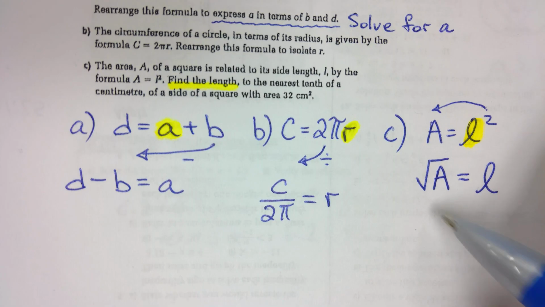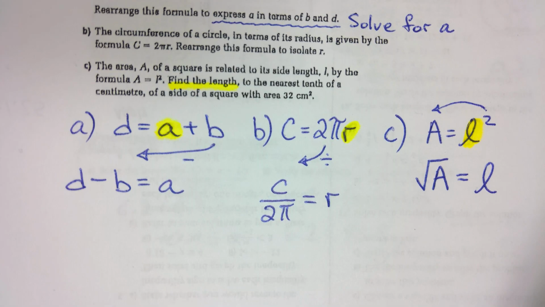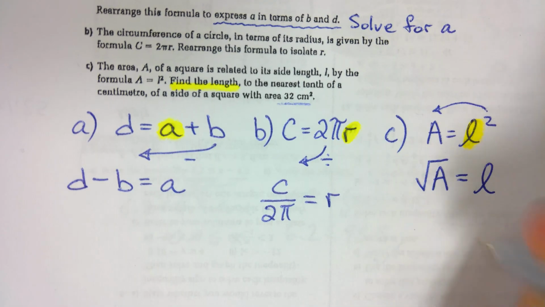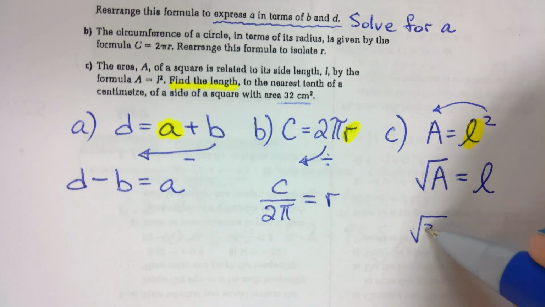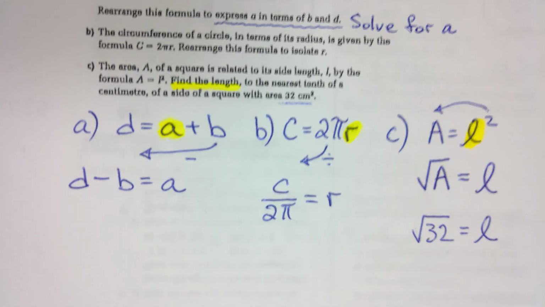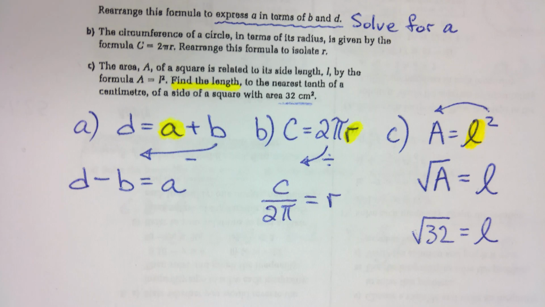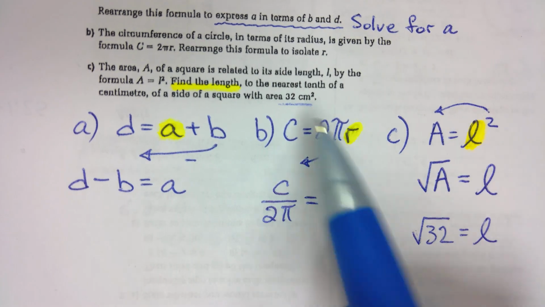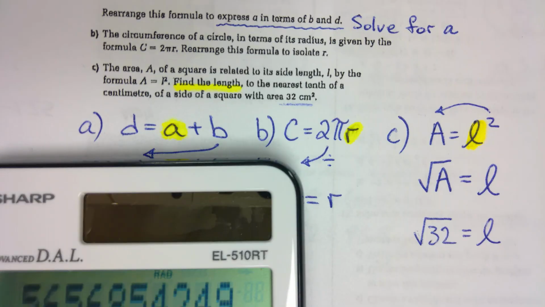Length equals square root of the area. So if I know that it's 32, I'm just subbing it in. Okay. So square root of 32. I cannot do that in my head. Square root 32. I get this. I got this as my answer.